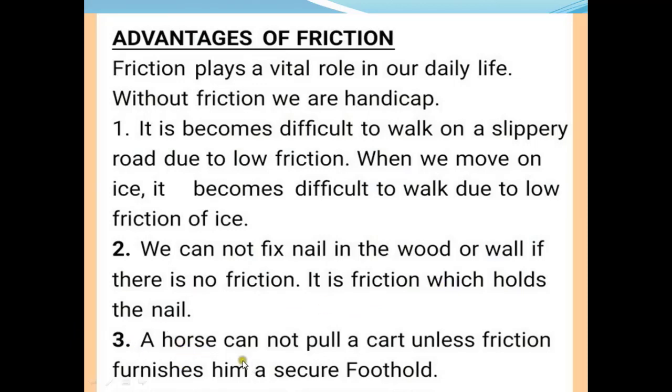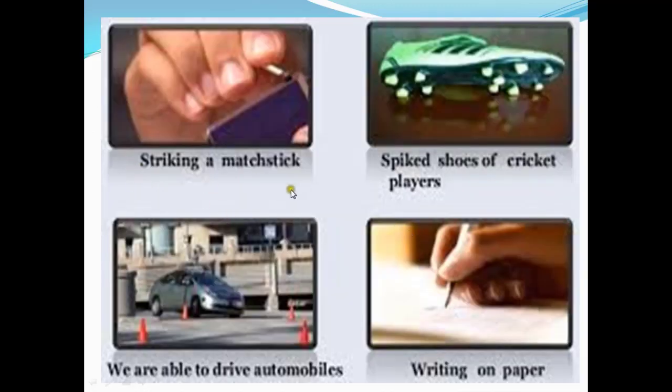The third thing we can say is that a horse cannot pull a cart unless friction furnishes it a secure foothold. So these are the advantages of friction. Here you can see the matchstick. If you are striking a matchstick, it needs friction.